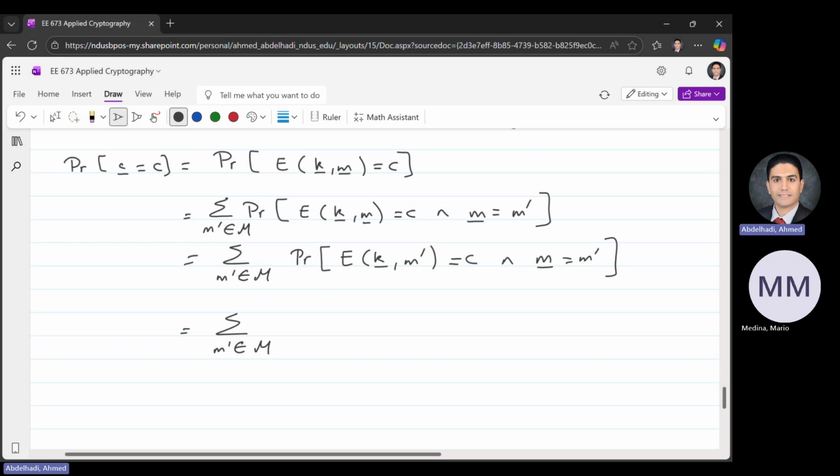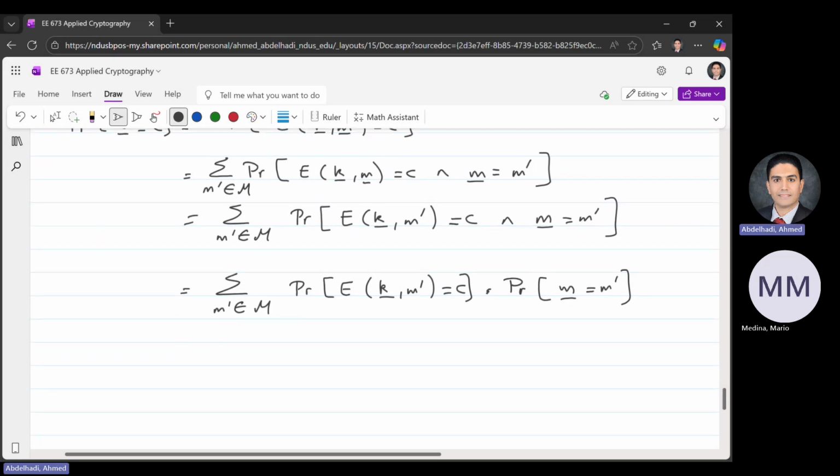Now these are also two independent events, right? Similar. Right, same idea by independence. Now this is equal to.